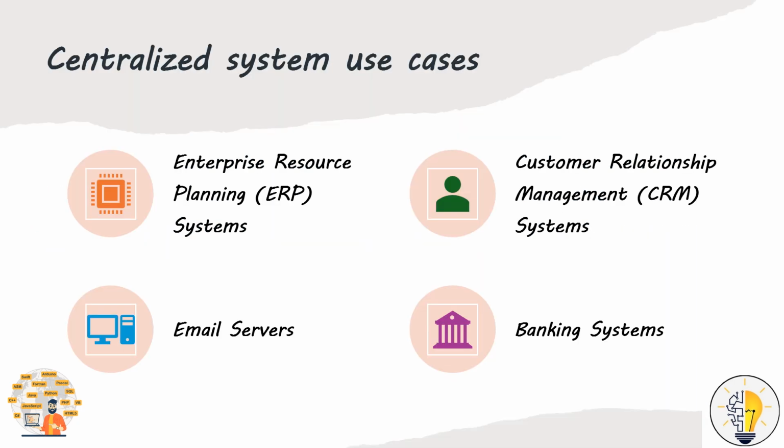Now this centralized system has some use cases like the enterprise resource planning system. These are all examples of centralized systems. ERP is one of the most important things that we hear about in day-to-day life.